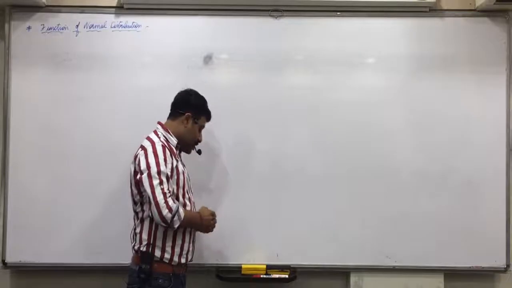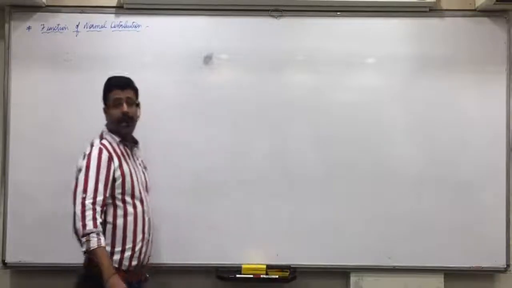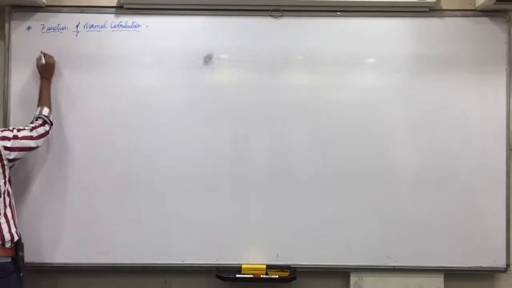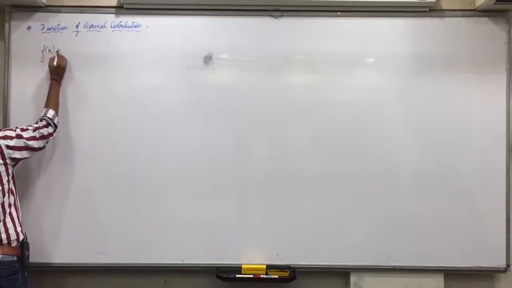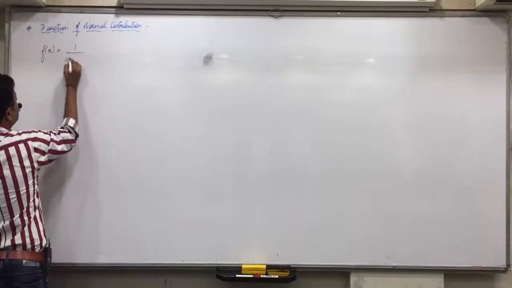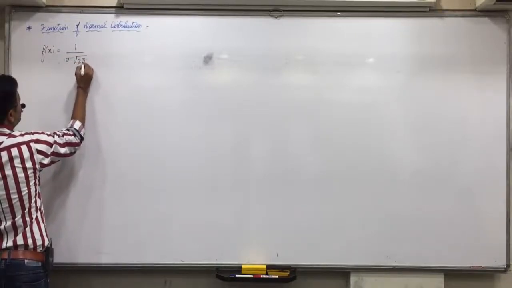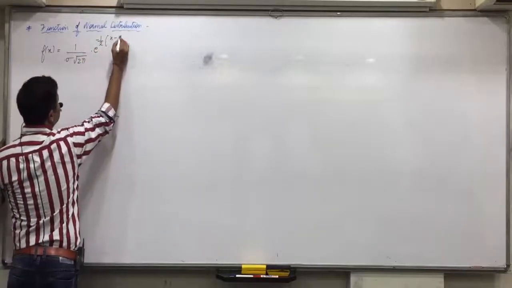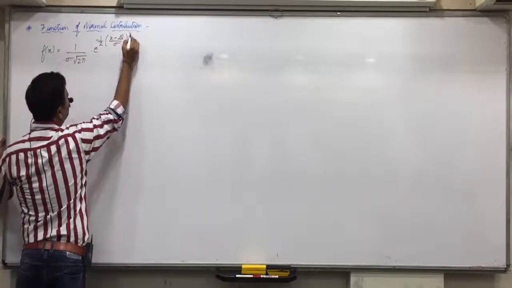Function of a normal distribution is given by, see, like function of binomial distribution was given by px equals ncx p raised to x q raised to n minus x. Same way, function of normal distribution is given by fx or px, anything can be written, is equal to 1 upon sigma root 2 pi into e raised to minus 1 by 2 x minus mu upon sigma whole square.